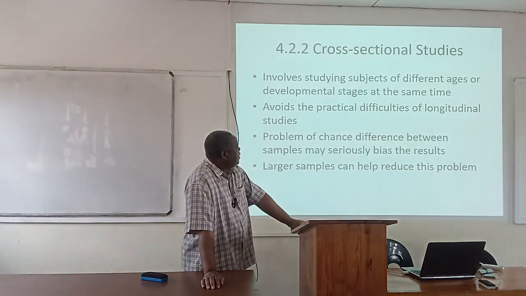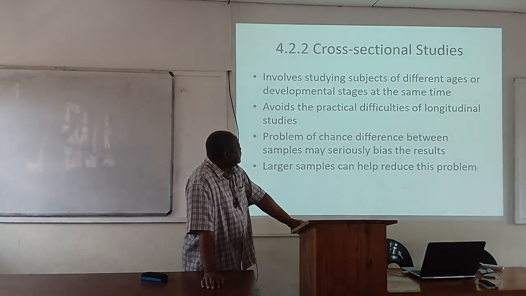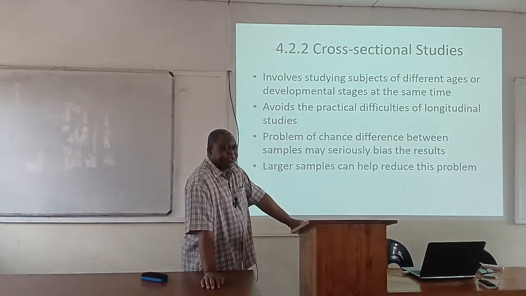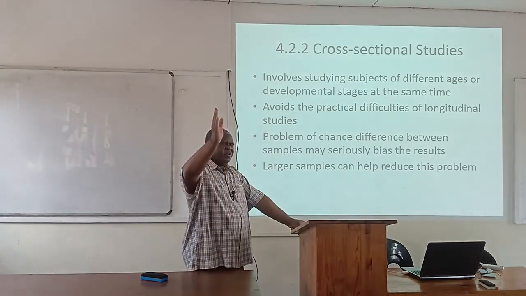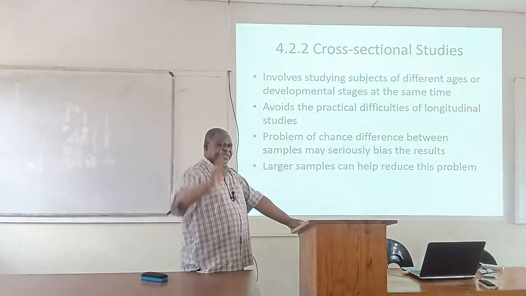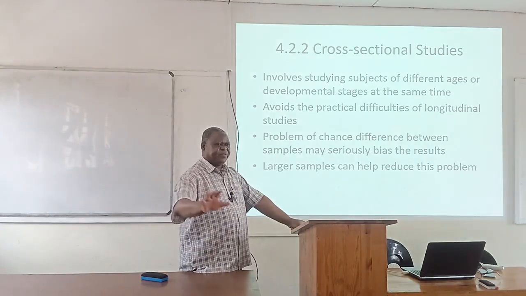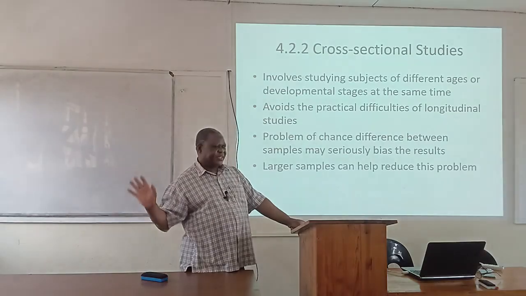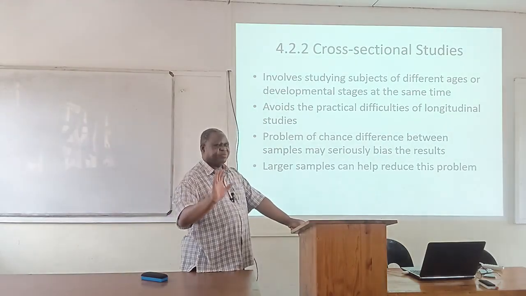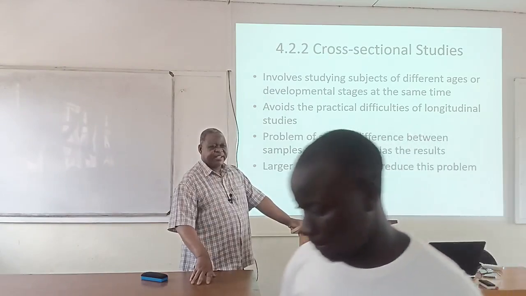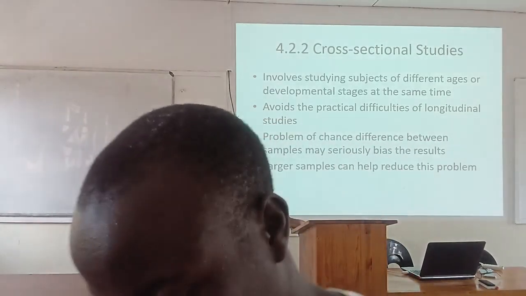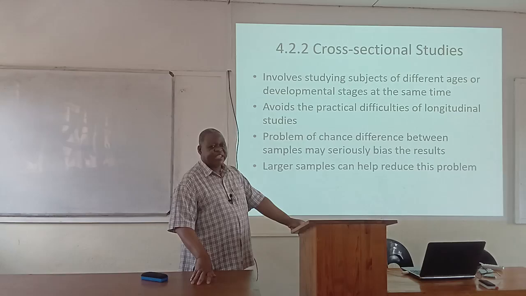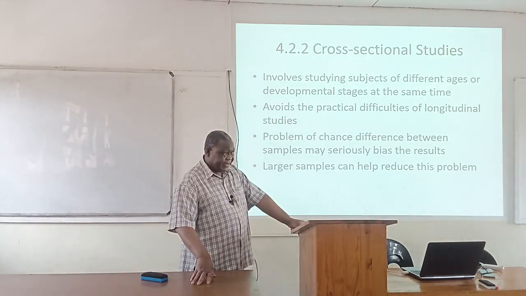So the difference between longitudinal studies and cross-sectional studies is that instead of studying the same group over an extended time period, you take different groups which are at different ages and you study them at the same time. And the assumption is whatever differences you find in these people can be attributed to development.